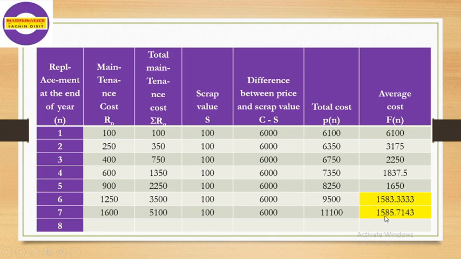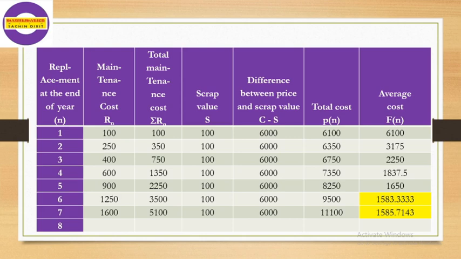This value, if we want the notation for this, 1,583 is nothing but Pn divided by n. Here n is equal to 6. Therefore, the notation for this is P6 divided by 6.